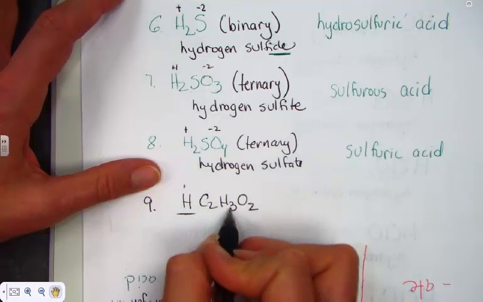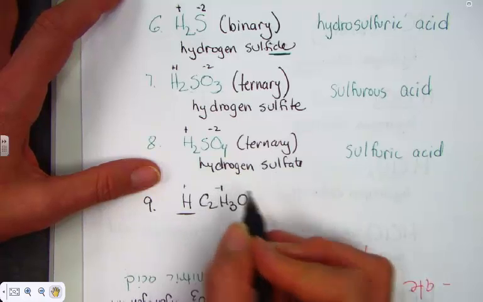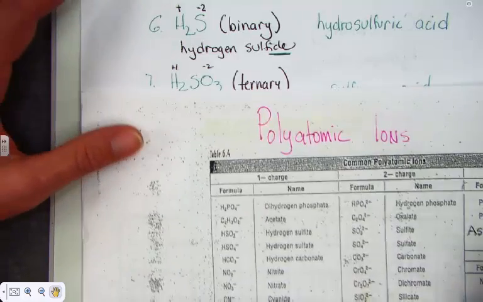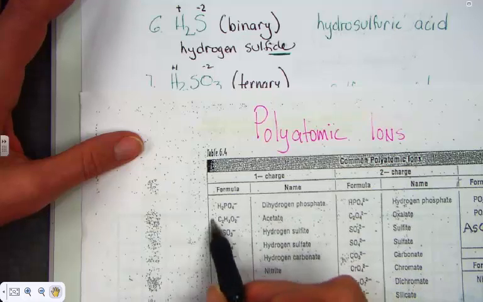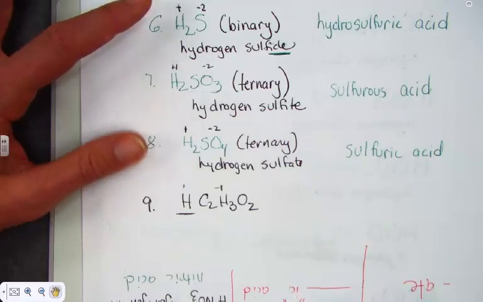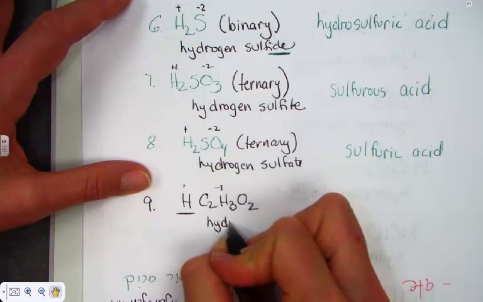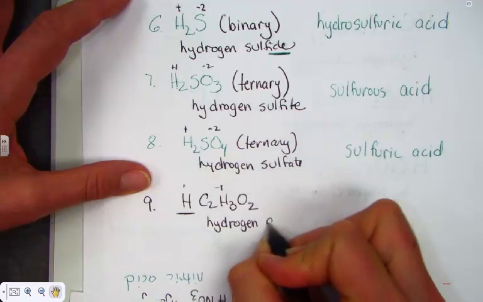It is not combined with the H's in our polyatomic ion. C2H3O2 is a group of atoms acting as a unit carrying a charge. We never changed their subscripts. It's called acetate. Acetate. We would have named this compound hydrogen acetate.